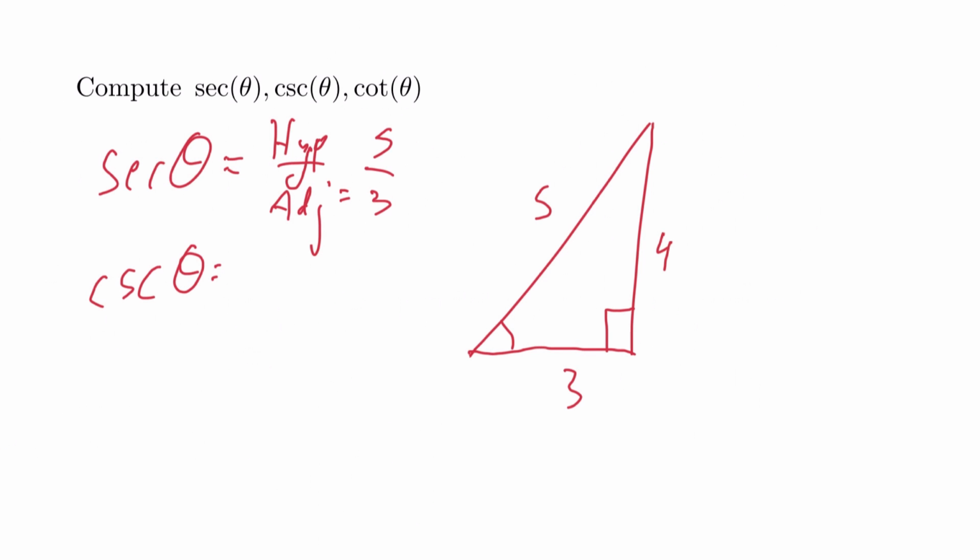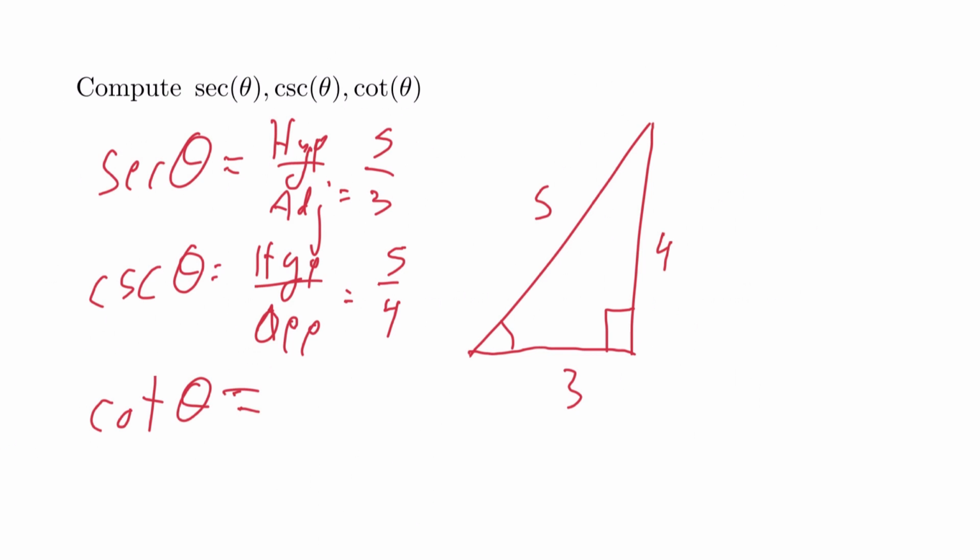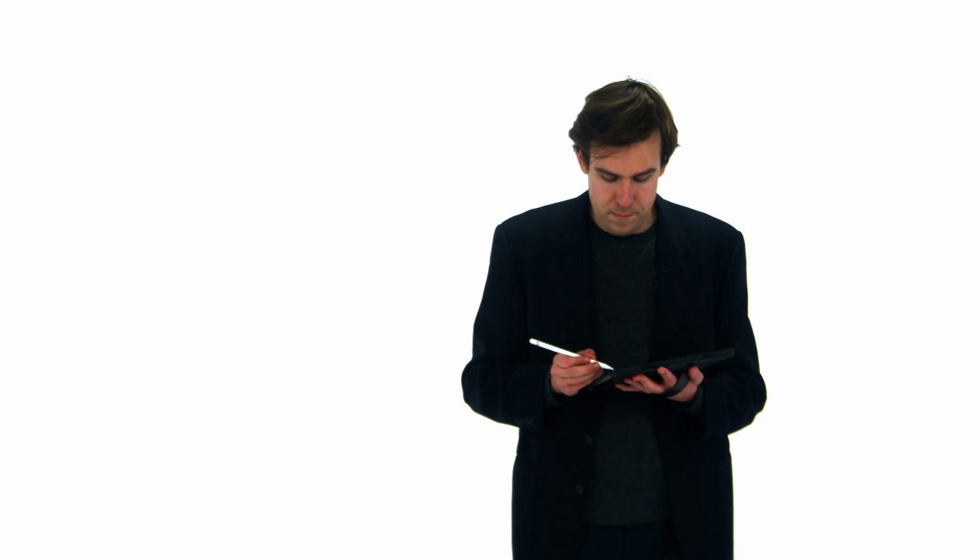Cosecant of theta is hypotenuse over opposite, so 5 over 4. And cotangent is adjacent over opposite, so 3/4. And you can check that these are the same as sine, cosine, and tangent, but reciprocal.